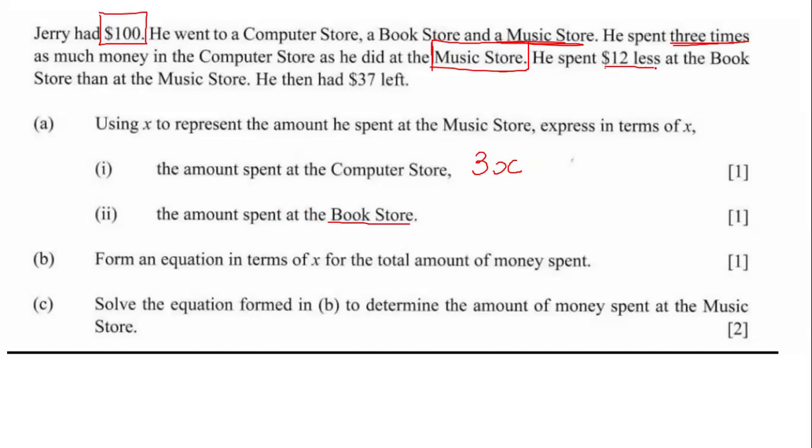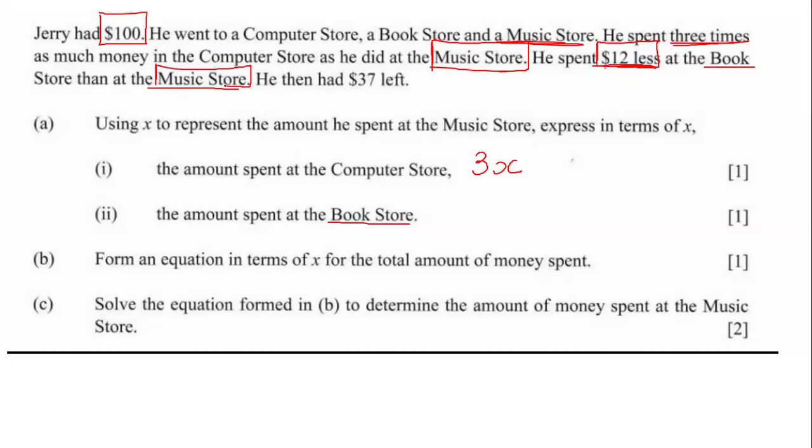So it says he spent $12 less at the bookstore than at the music store. 3x minus 12? No. $12 less at the bookstore than at the what? Than at the music store. What is the music store?